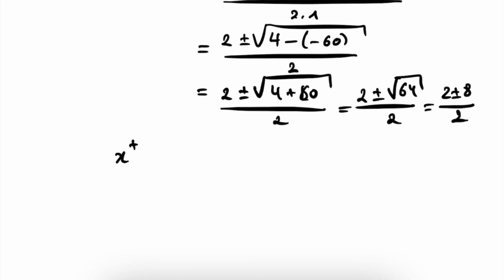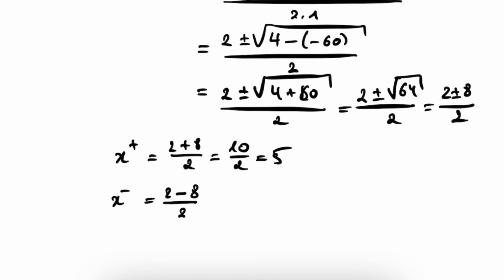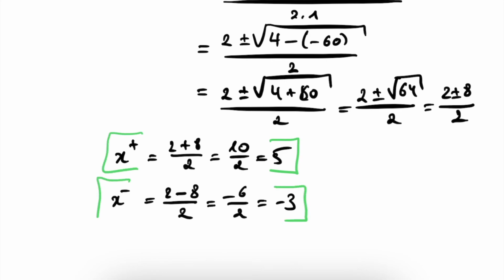So x plus, if we use this plus sign here, is just equal to 2 plus 8 divided by 2, which is 10 divided by 2, which is just equal to 5. X minus, if we use the minus sign here, we get 2 minus 8 divided by 2 is minus 6 divided by 2 is minus 3. And we have our final results of this session.